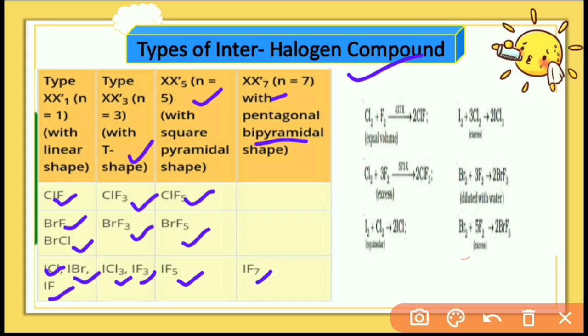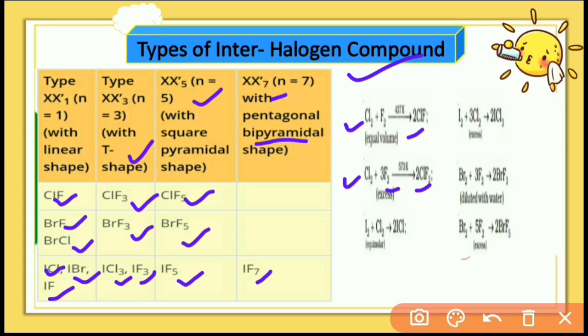Let's see the formation of interhalogens. When chlorine reacts with fluorine, it forms 2 moles of ClF, chlorine fluoride. Next, when chlorine reacts with 3 moles of fluorine, it forms 2 moles of ClF3.